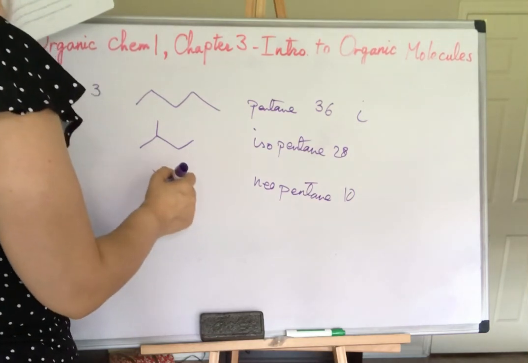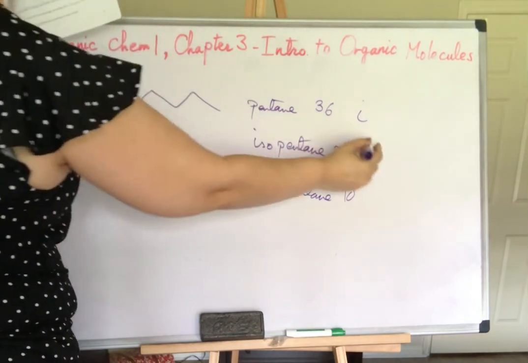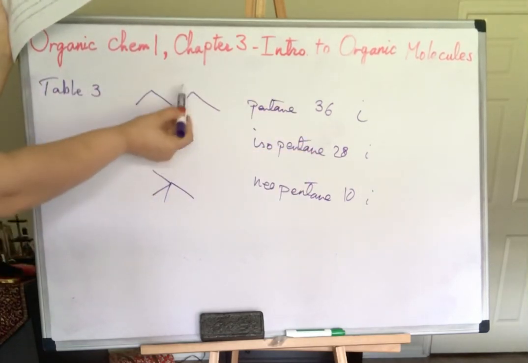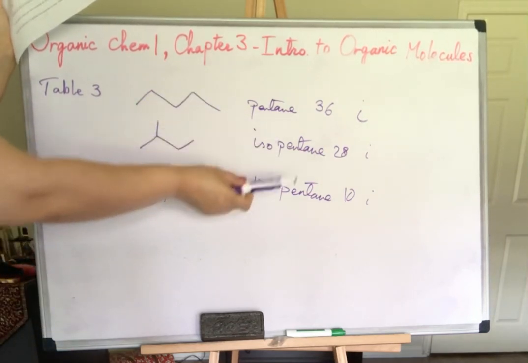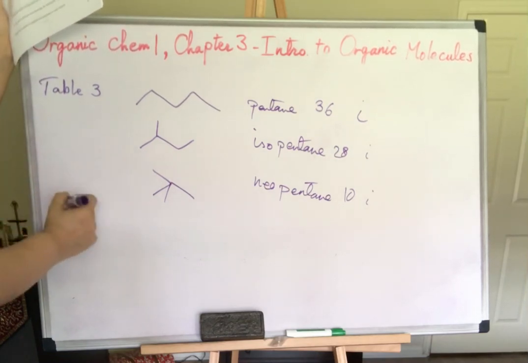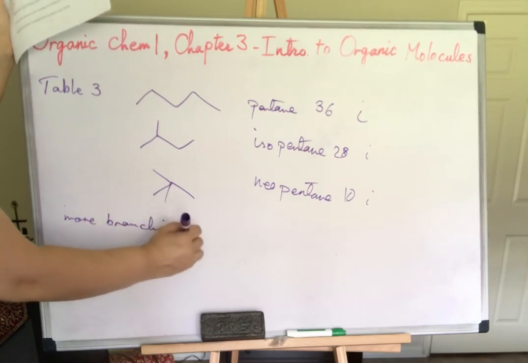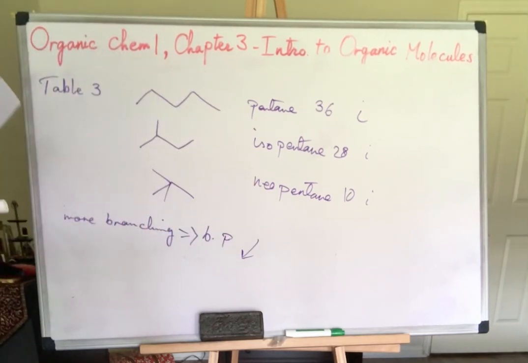So we still can say the solubility is insoluble, and you see by branching they all have 5 carbons, by branching more, the solubility and boiling point decrease because of less surface area, less London forces. More branching, boiling point, and of course the solubility decrease. The trend for boiling point and solubility is the same.